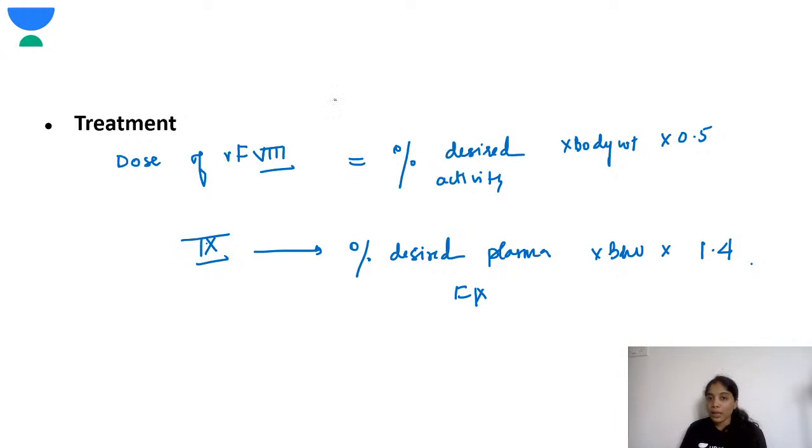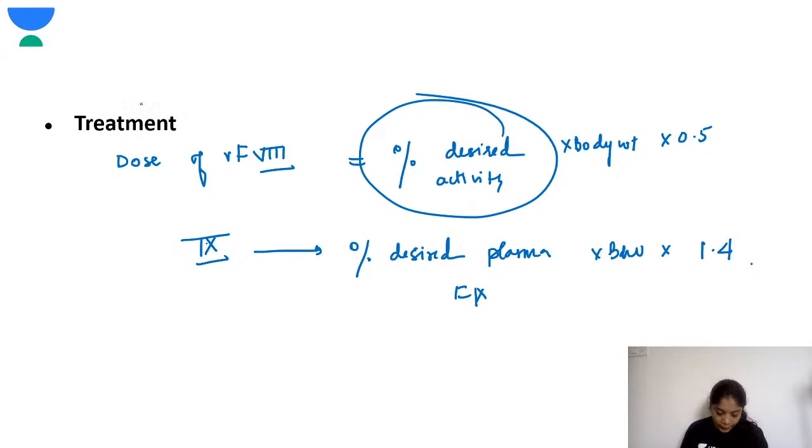So this percentage of desired activity changes based on the type of bleed. If there is a mild bleed, then you can take it as 35 to 50%. But if it is a life-threatening bleed, like a bleed into the central nervous system, or a severe bleed where the child has come with hypovolemic shock, then you have to take the desired activity as 100%.